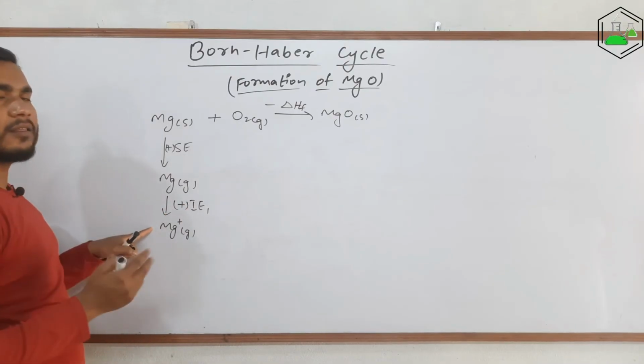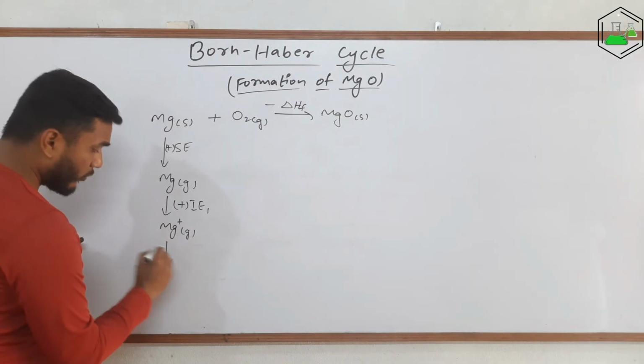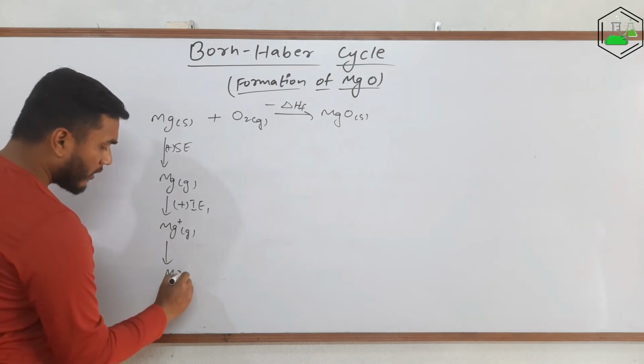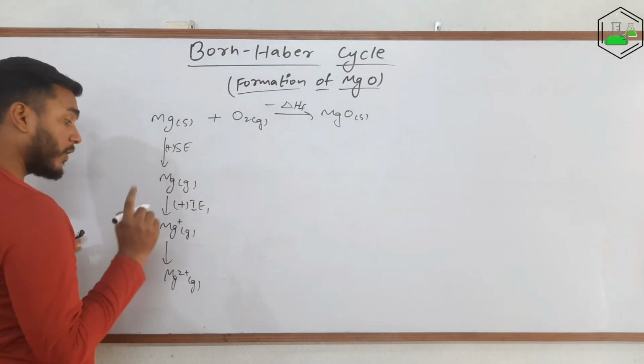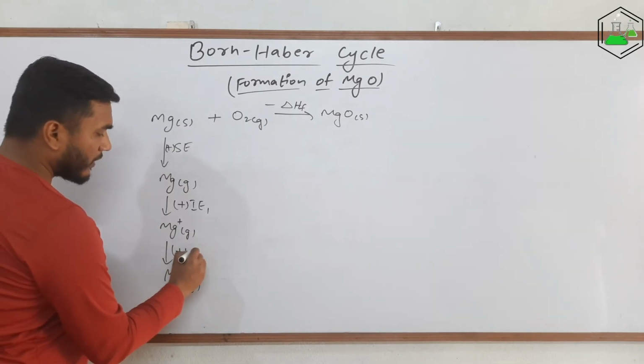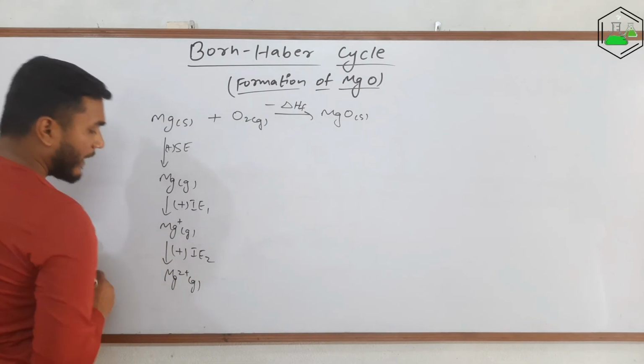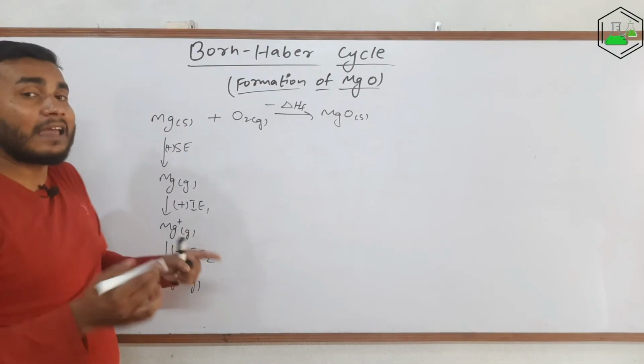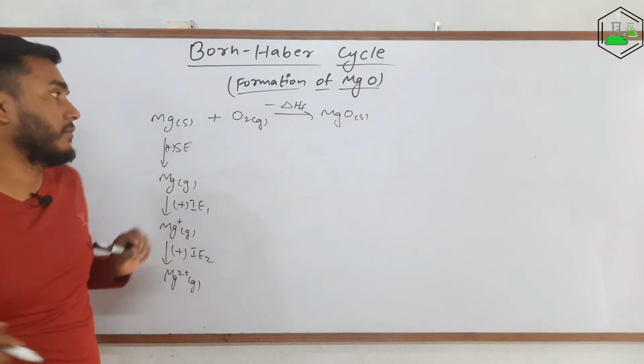But the valency of magnesium is 2, so it will lose one more electron to convert into Mg2 plus form, and it will need more energy, that is IE2, and finally it converts to Mg2 plus gaseous ion, and it is ready for the reaction.